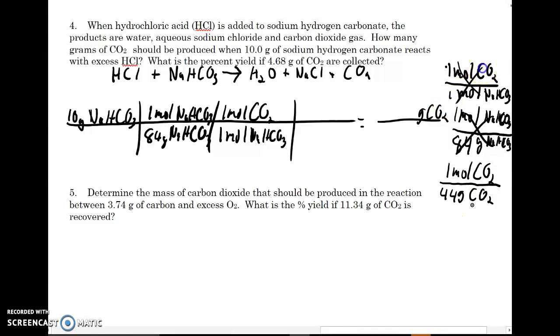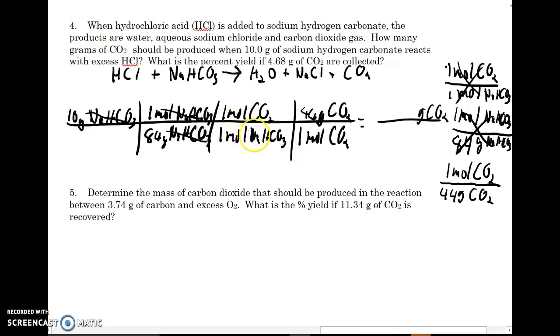I can plug in my final conversion factor. I'm going to flip this over because I want moles of CO2 on the bottom, so they cancel out: 1 mole CO2, 44 grams of CO2. Check there, make sure everything cancels. Grams of NaHCO3 cancel.